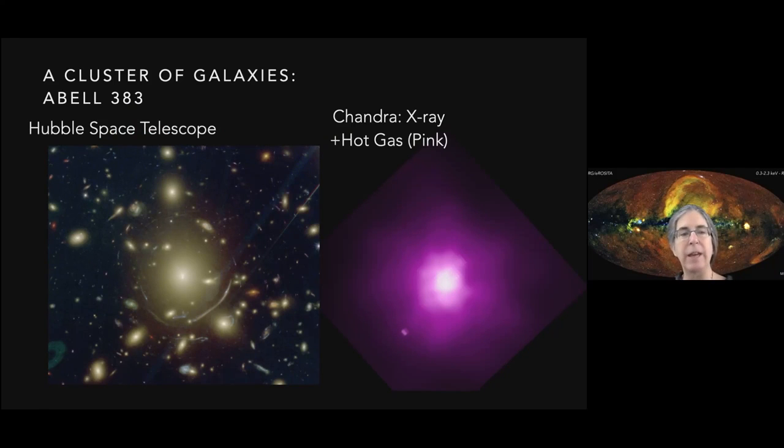So here is a picture of a single cluster of galaxies. It's Abell 383. It has a fairly spectacular lensing system, which you see here in the Hubble Space Telescope picture on the left. There are lensed images of background galaxies. You can see those in the blue and also these orange extended loops.